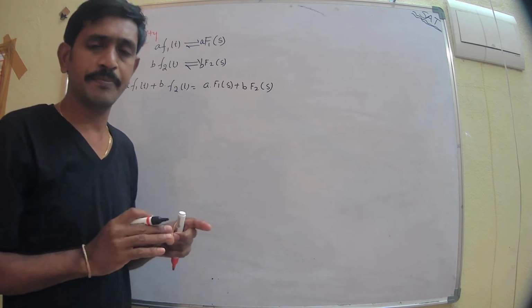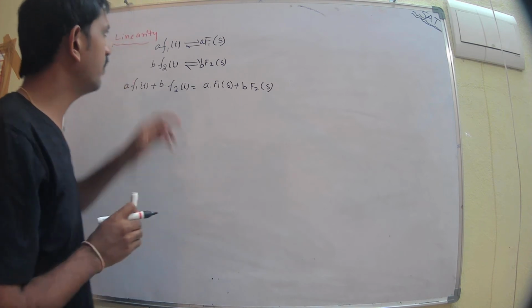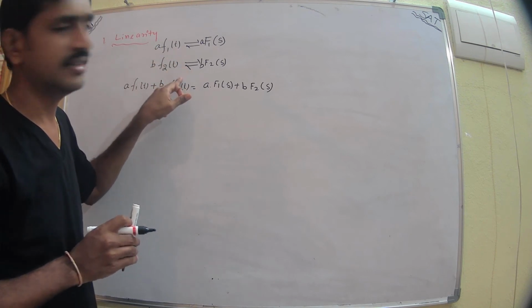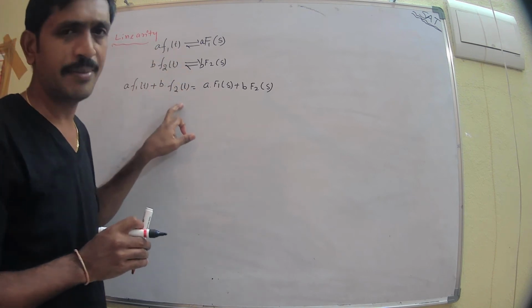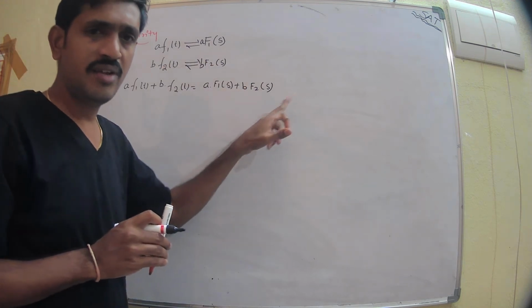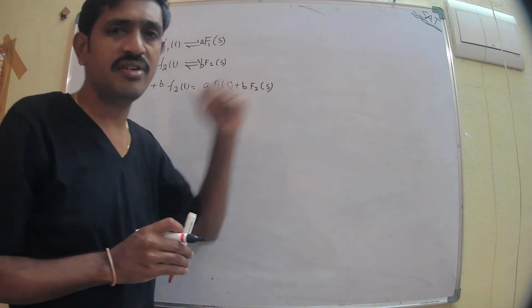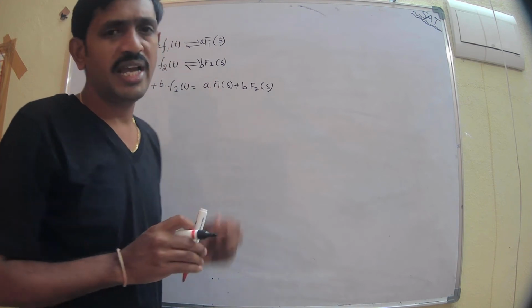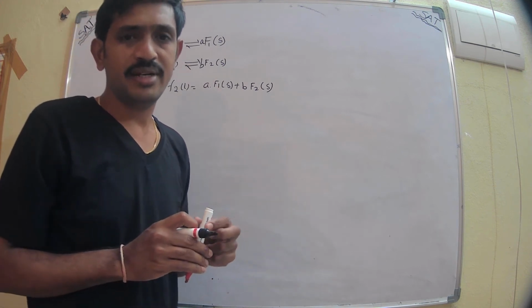That is homogeneity. What is superposition? After multiplying constants with the functions, I can add them, and after conversion I can add the s domain functions too, that is a into F1 of s plus b into F2 of s. This is the linearity property.